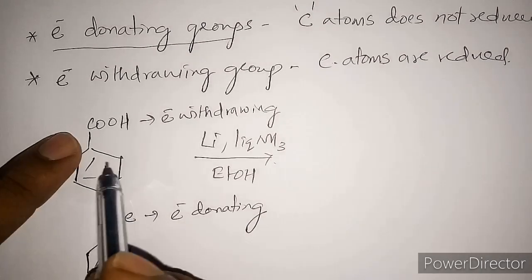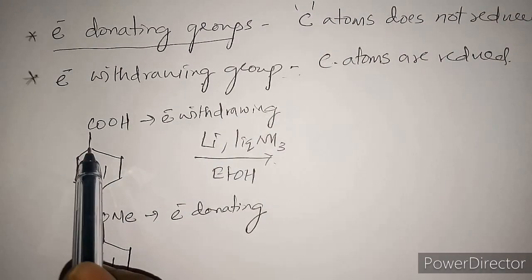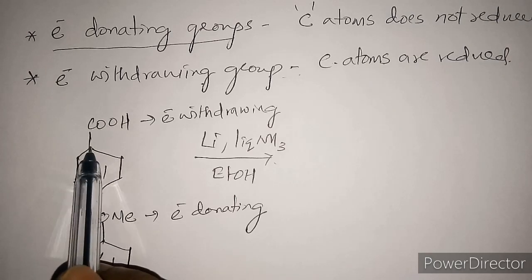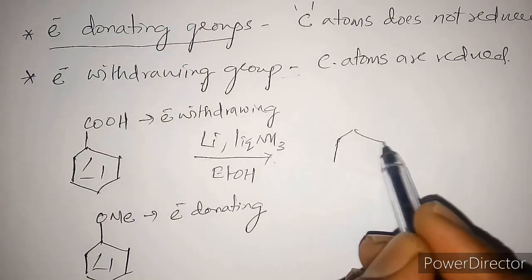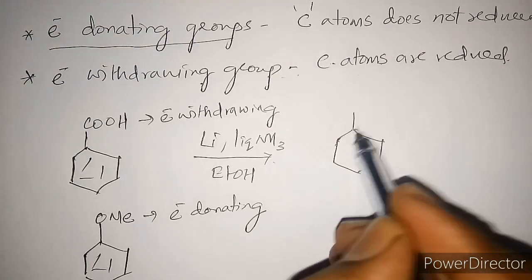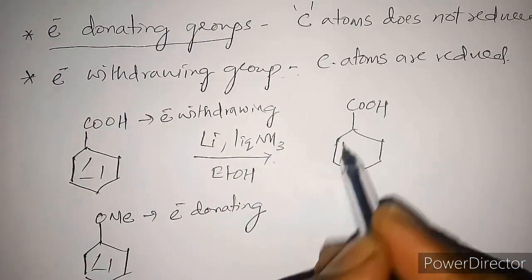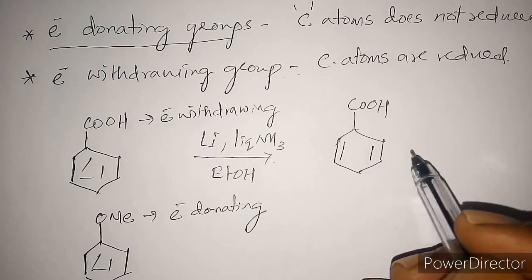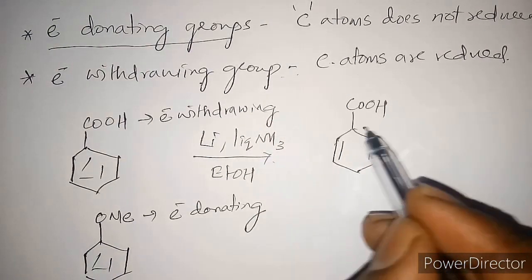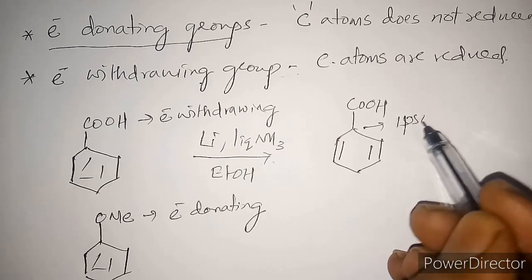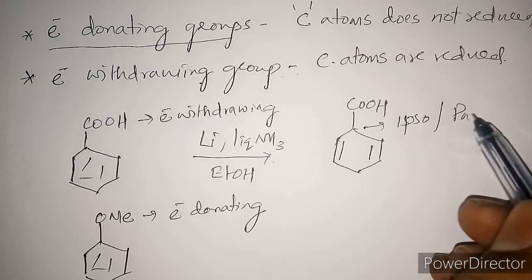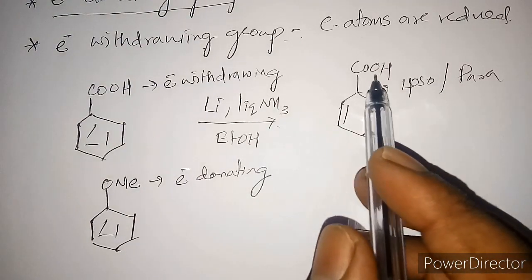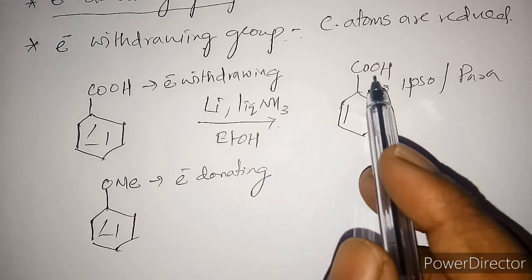Now what we said is this is the carbon atom that is connected with electron withdrawing group, and this carbon atom is reduced. So this carbon atom will be reduced and other carbon atom will not be reduced. So we should get 1,4-cyclohexadiene, the ipso carbon, this we call it as ipso carbon, and the para carbon, para and ipso will be reduced. We will get para with respect to the COOH, electron withdrawing.